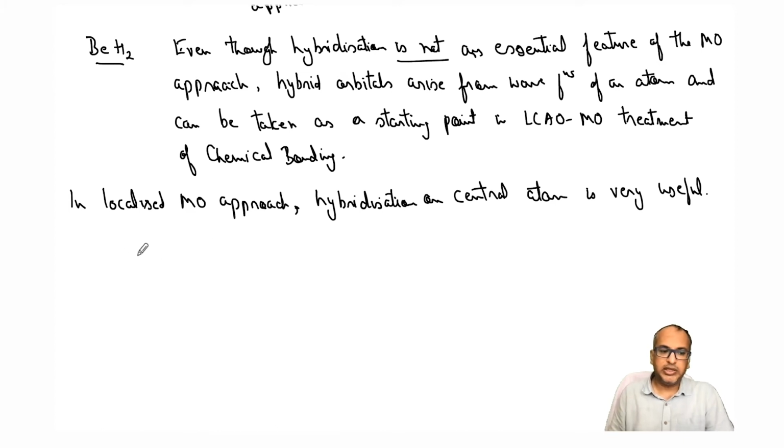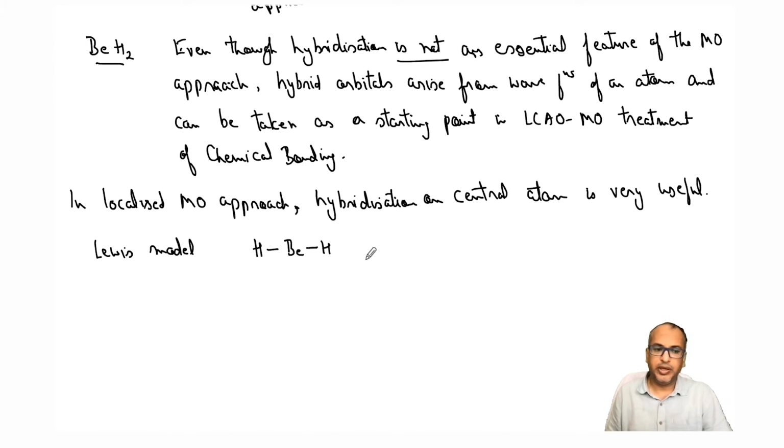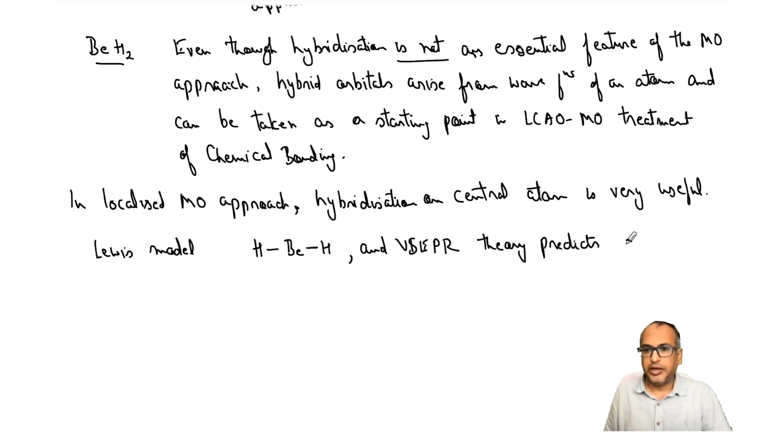So now in the BeH2 example, if we try to draw the structure using the Lewis model, of course, I'm not going to go into these details because these are very preliminary and you must have an idea of how the Lewis model or VSEPR theory tells you the structure of the molecule, right? So the structure would be something like this, and VSEPR theory predicts a linear structure.